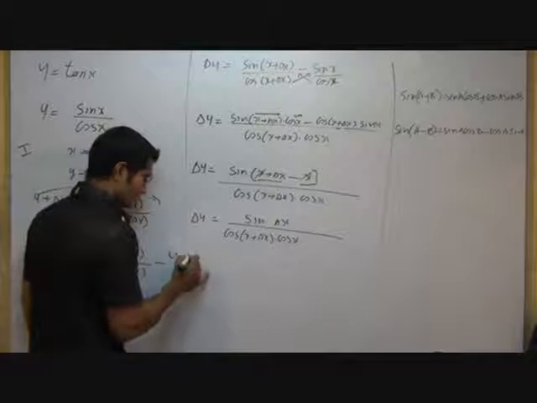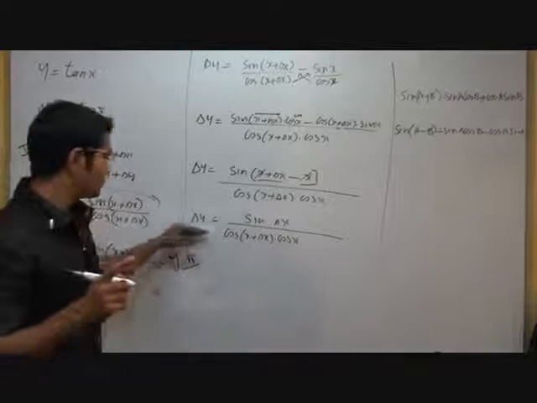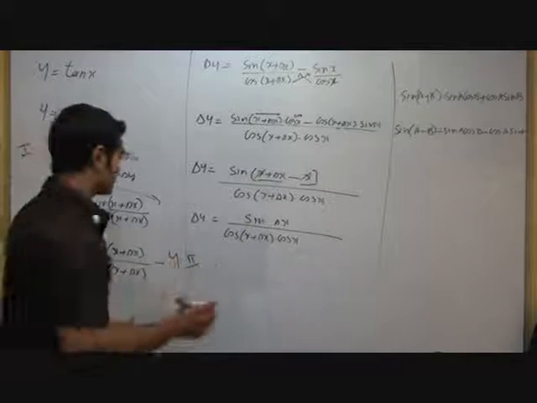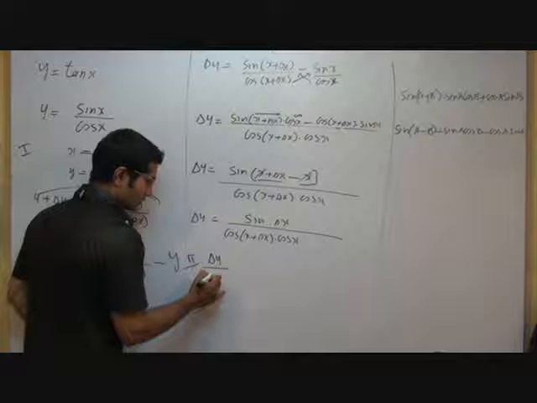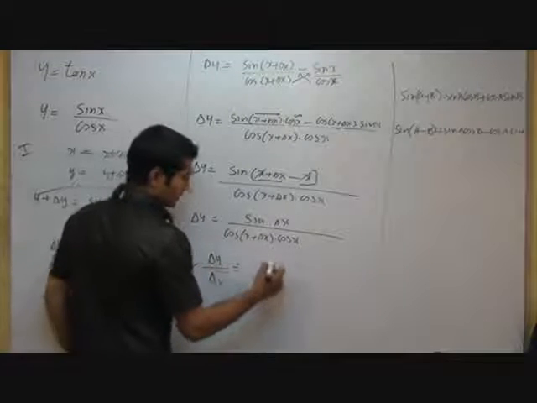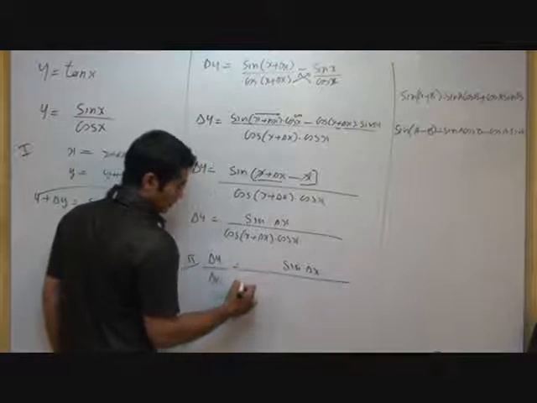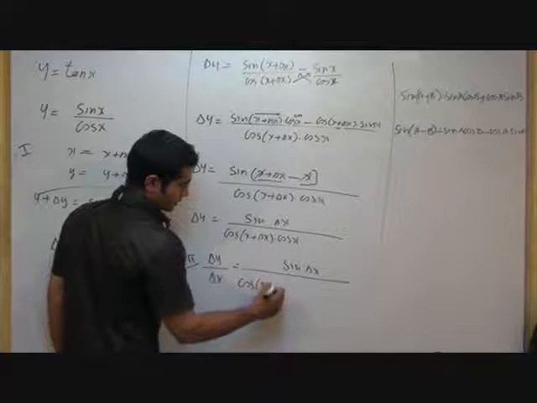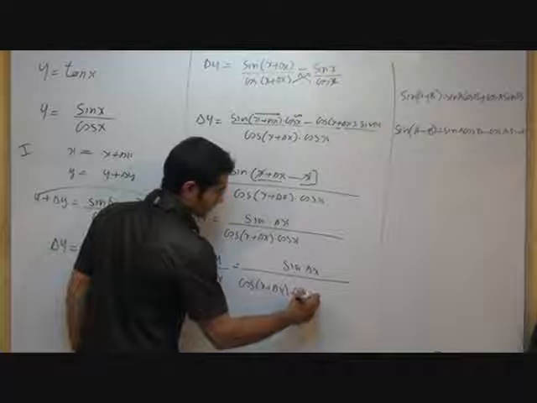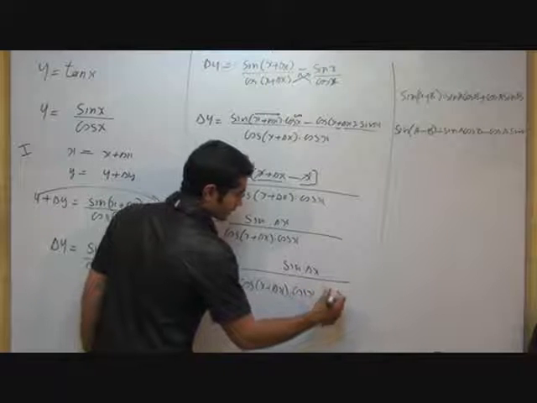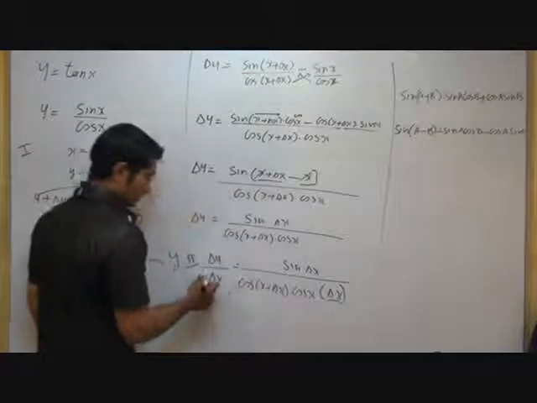The second stage is, remember, I need to divide both sides by delta x. So I have delta y by delta x equal to sine delta x divided by cos of x plus delta x into cos of x, divided by delta x. I'm dividing by delta x on both sides.